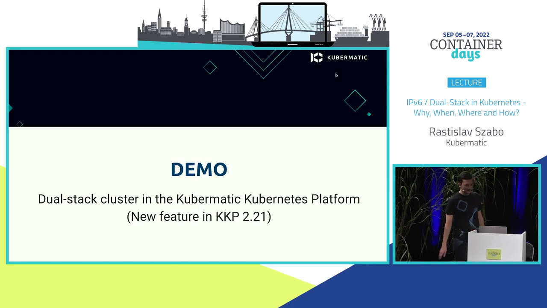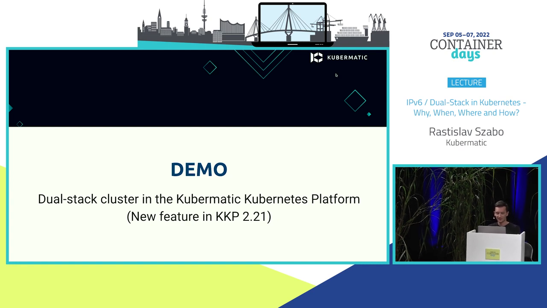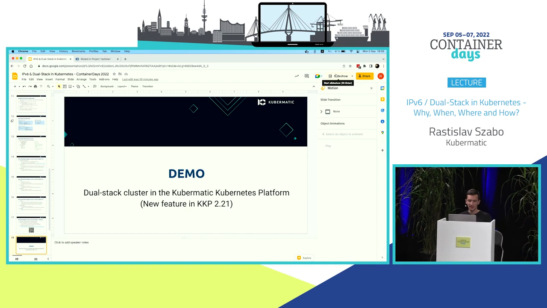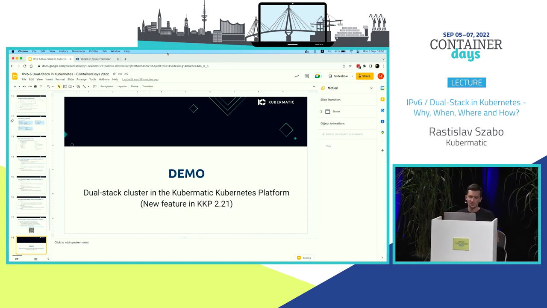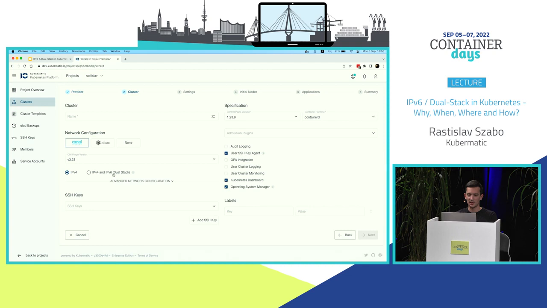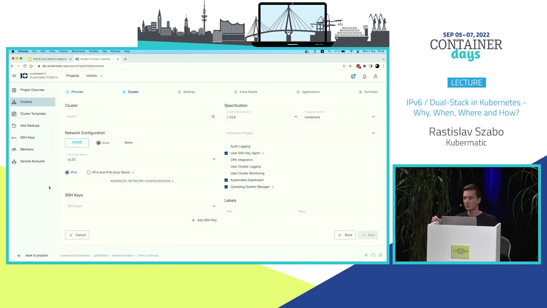And now I would like to show you a short demo, if it works, of a dual stack Kubernetes cluster. With Kubermatic Kubernetes Platform, you can actually request a dual stack cluster. This is the UI of the Kubermatic Kubernetes Platform.